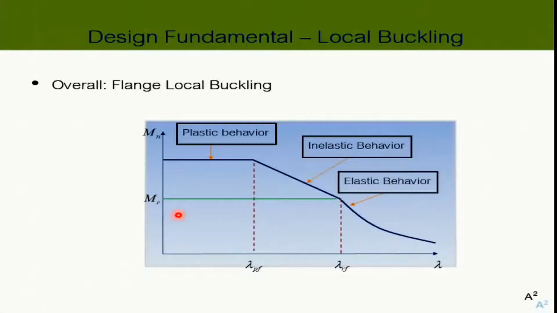Okay, so this is the overall behavior of flange local buckling. If you have a compact flange, the slenderness ratio of the flange is less than lambda p, your beam will have the plastic behavior. That means your beam will reach Mp.